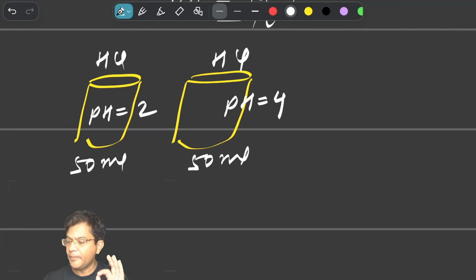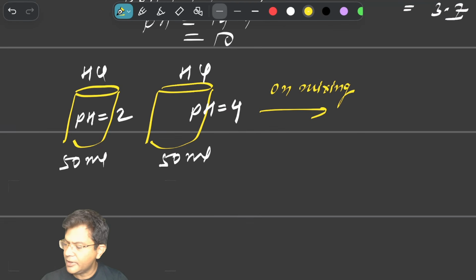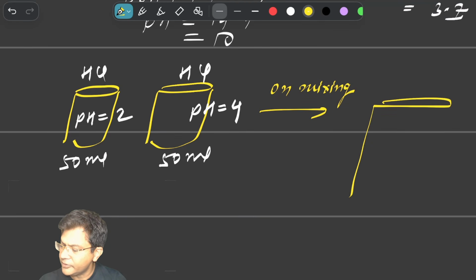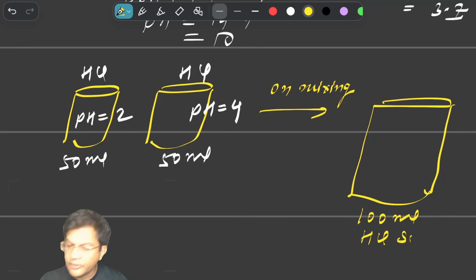Now, if they have mixed both the solutions, on mixing, definitely I will get 100 ml of HCl solution, right? 50 and 50, 100 ml. Now they are asking what should be the pH of this HCl solution. That is the question. They are interested in its pH.